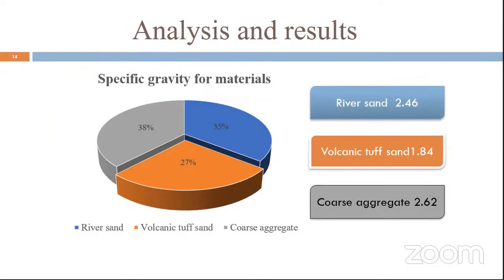Again, I'm wondering, you are talking of specific gravity of materials, and there's a way you are discussing this. Is this the best way to discuss? Are they related? You're talking of that 8%, that 5% to 27%.